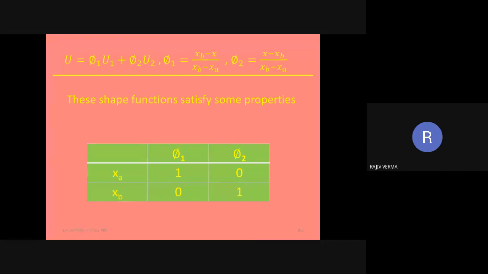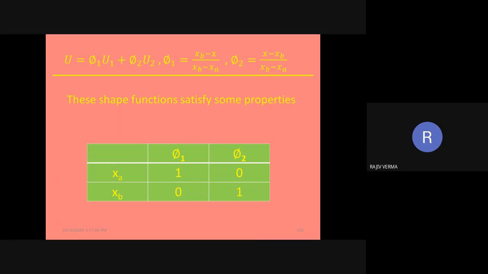The value of phi2 at xb, that is the second node, is going to be 1, and it is going to be 0 at node number 1. So these are some of the properties which these two shape functions are supposed to satisfy.